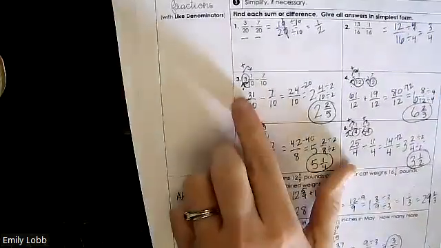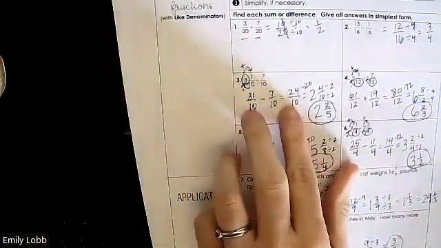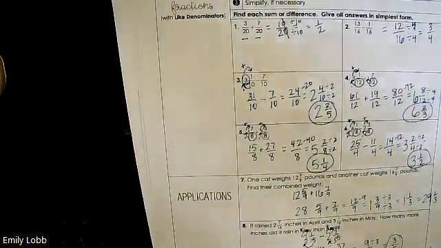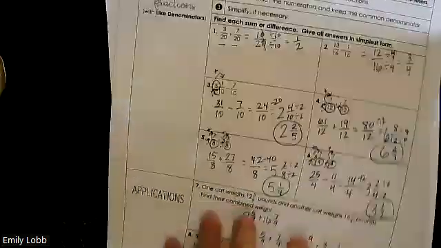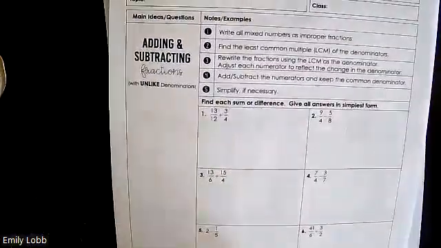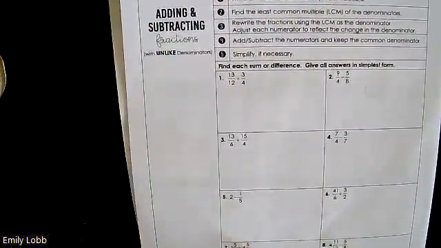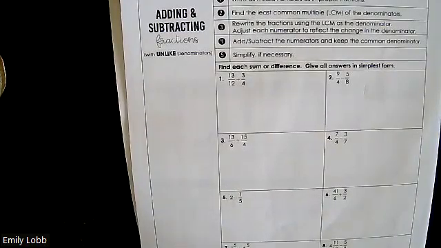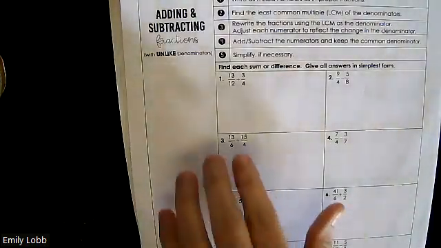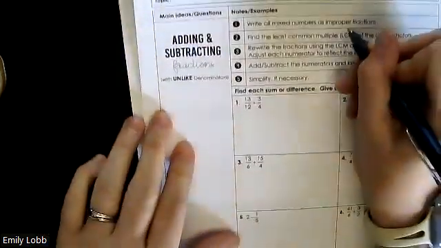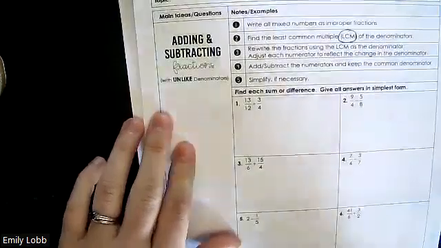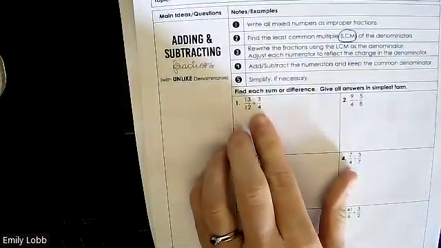So all we had to worry about here were our numerators, because our denominator was the same. Before we can do these next problems, we have to make our denominators the same. So we're looking at least common multiples. We want these to match.